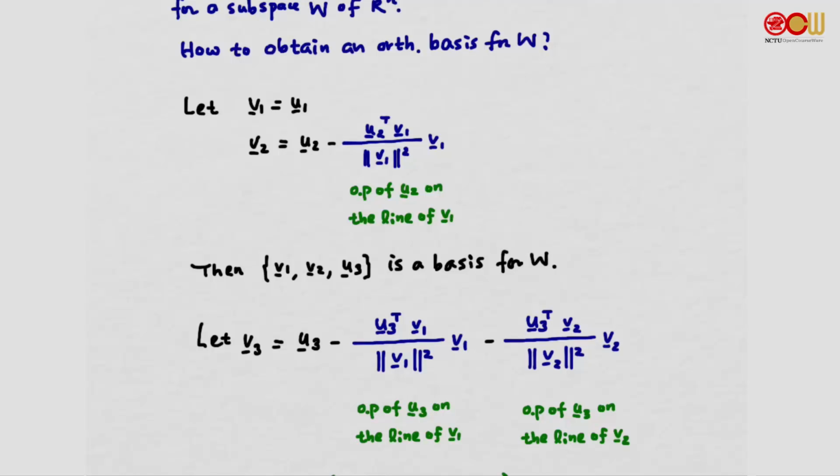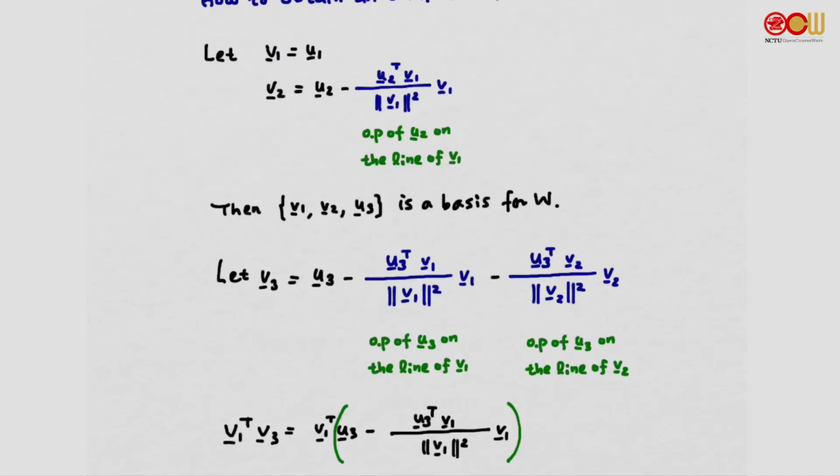In addition, we also subtract from U3 the orthogonal projection of U3 on the line of V2. That will make the vector orthogonal to V2.